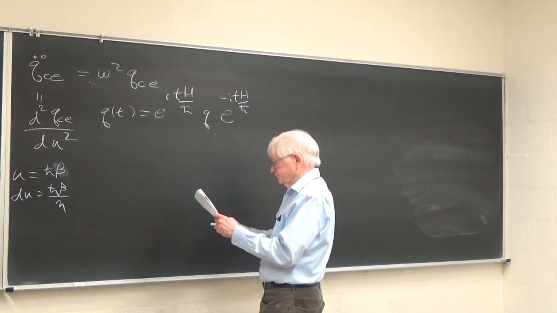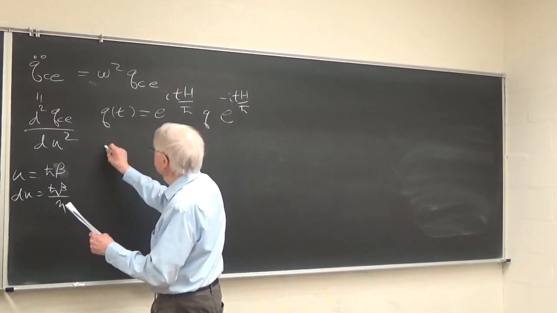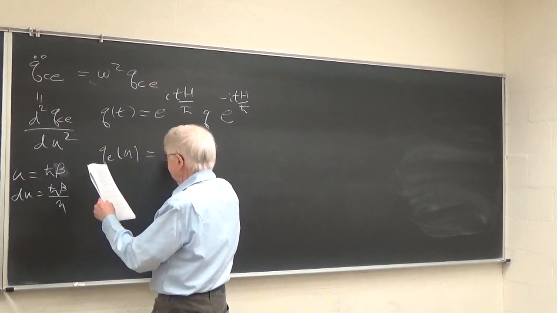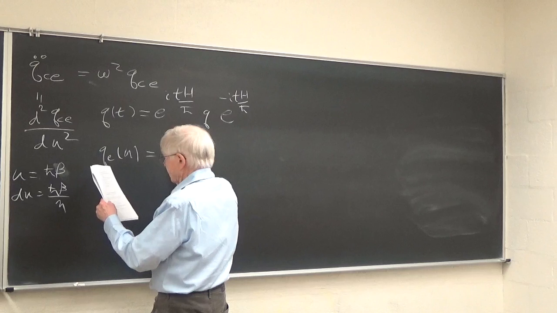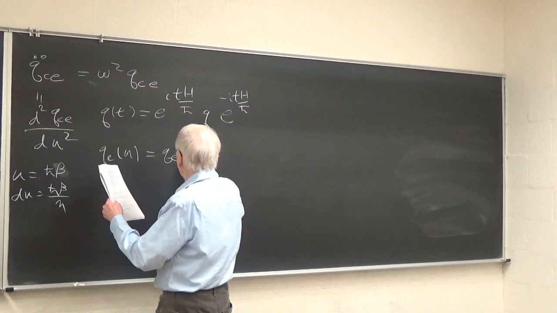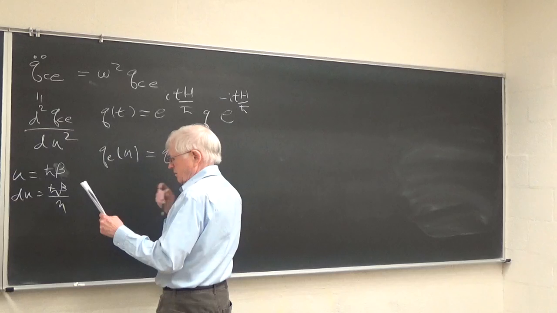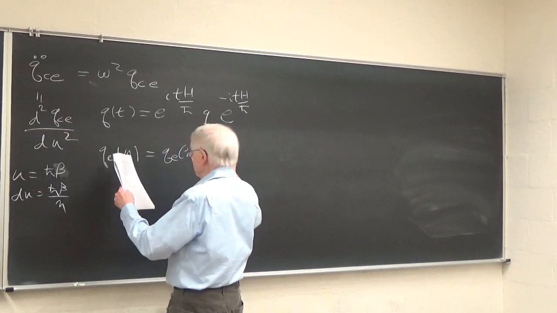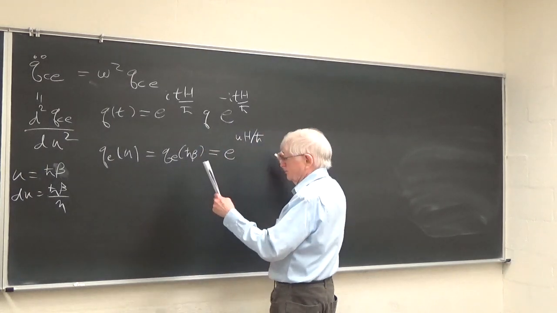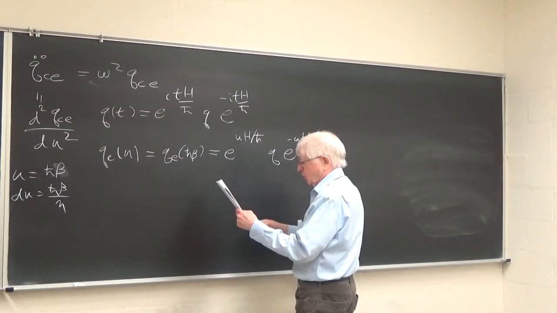And if we do this in Euclidean space, then Q Euclidean of U, which we can think of as Q Euclidean at H bar beta, is e to the UH over H bar Q, e to the minus UH over H bar.